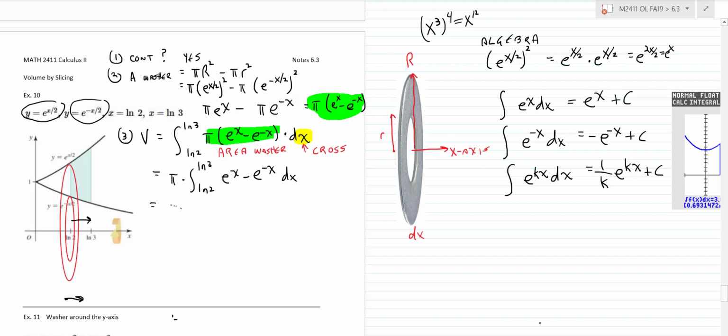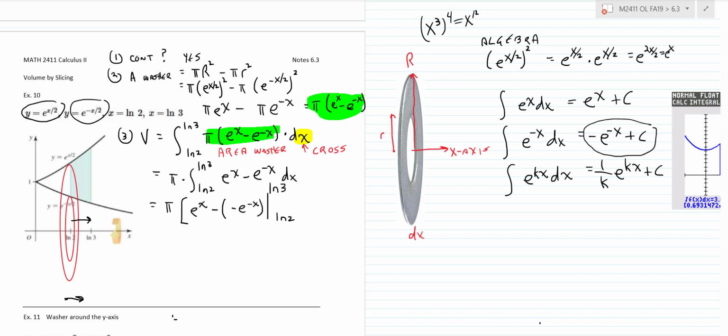So it looks like what we're going to have is pi, our antiderivative is e to the x, minus, and then the answer to this antiderivative is negative e to the negative x, and then that gets evaluated from ln2 to ln3.